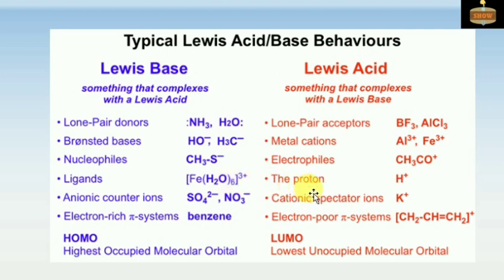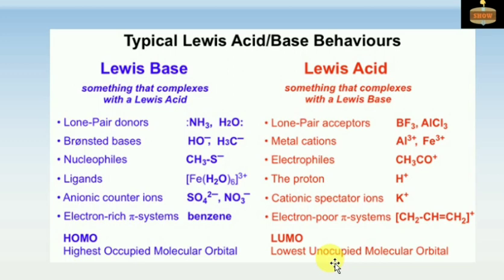This is the proton, and it is a cationic spectator ion, where in the Lewis base it was an anionic counterion. And it has an electron-poor pi system. In a Lewis base, it is the highest occupied molecular orbital. In a Lewis acid, it is the lowest unoccupied molecular orbital.